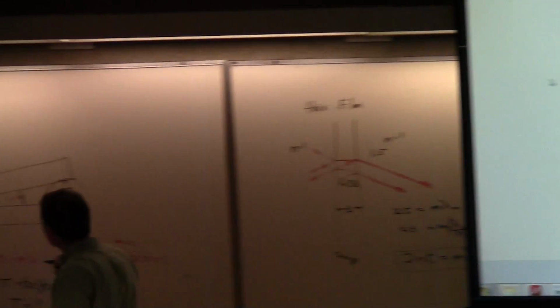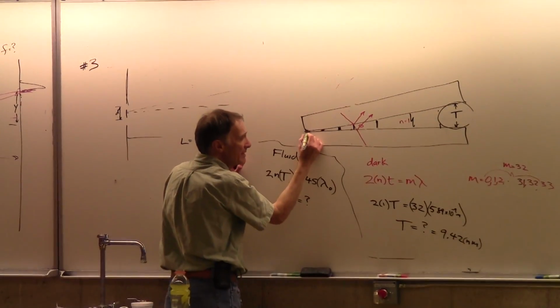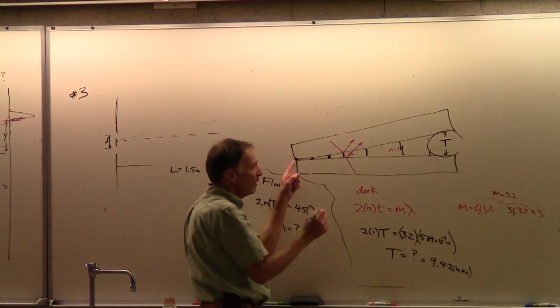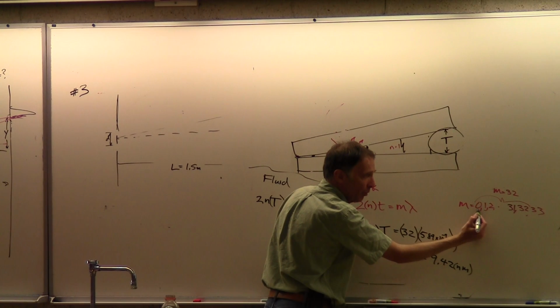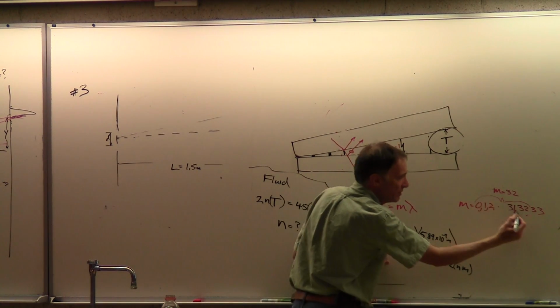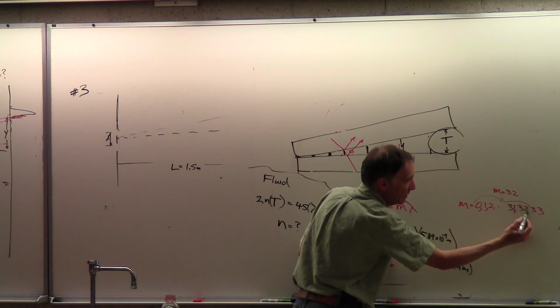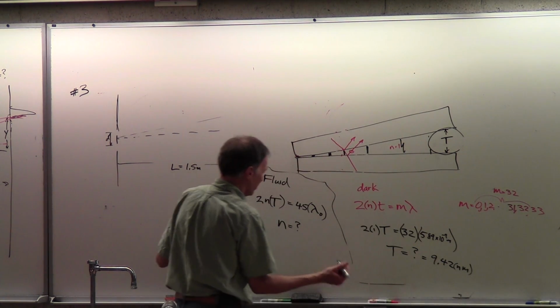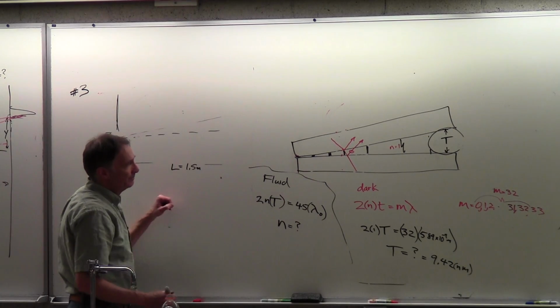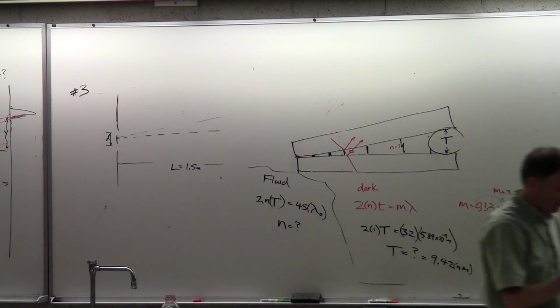So we're going to get the same thing. That's where this is dark, and that's again why we needed to count that as the first one. So if we get 33 fringes, that means m is equal to 32. Anyway, that's that idea.